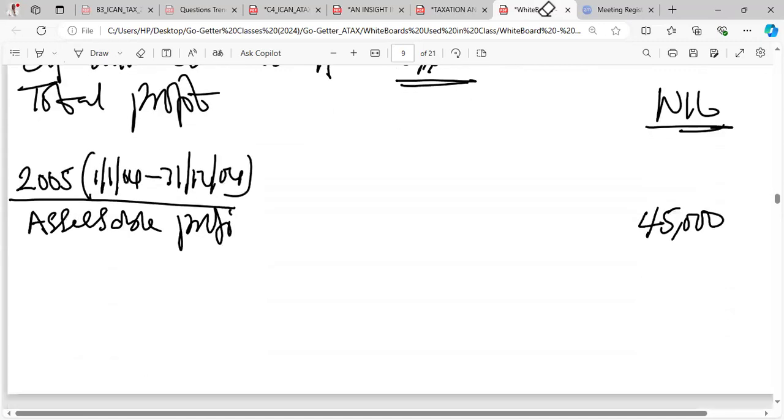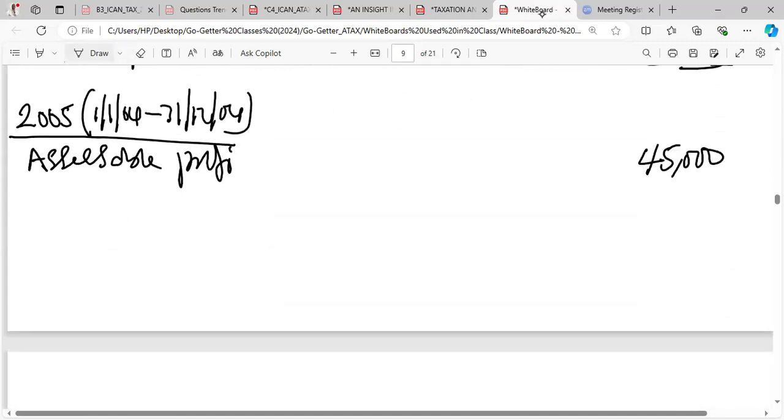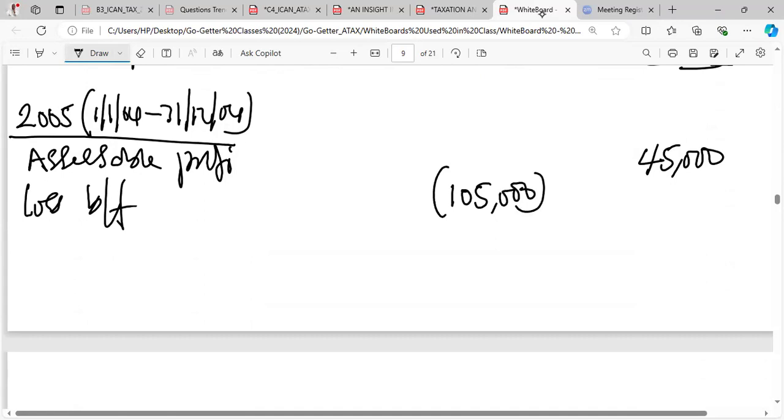So we'll bring the loss now. Loss brought forward 105. Loss relief. We can already relieve 45.